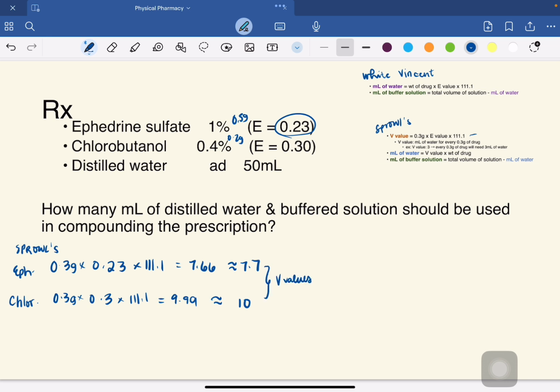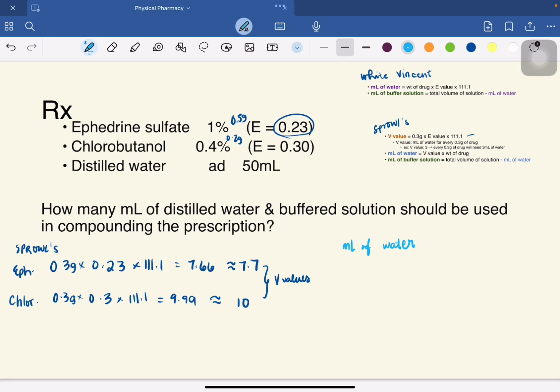So using the V values, we can now look for the volume of water. So to look for the volume of water needed, we will have to multiply the weight of the drug, which is 0.5 grams in the case of ephedrine, times the V value. So remember, for your V value, every 0.3 grams of the drug requires 7.7 ml of water.